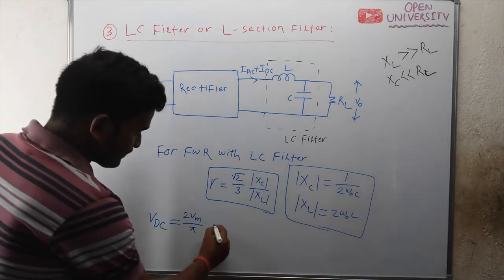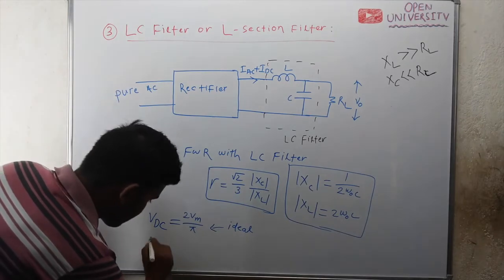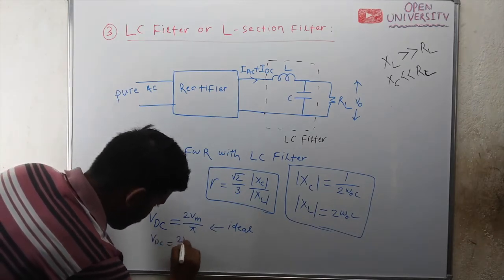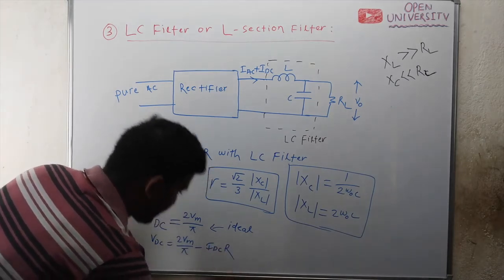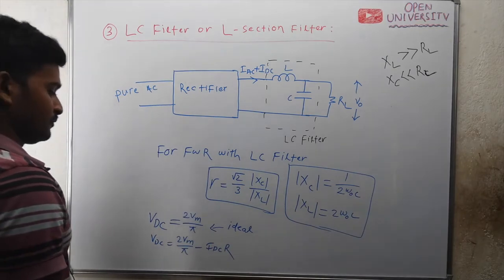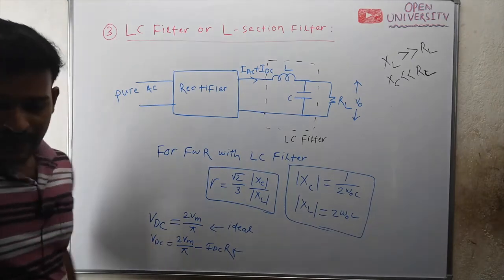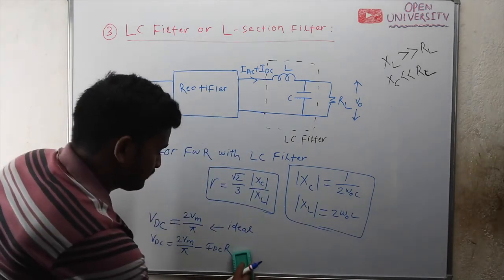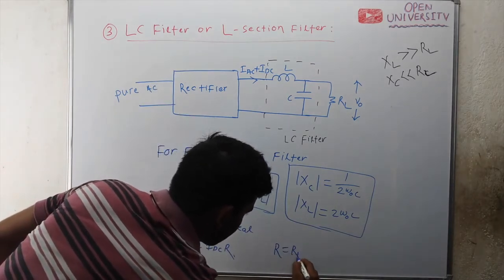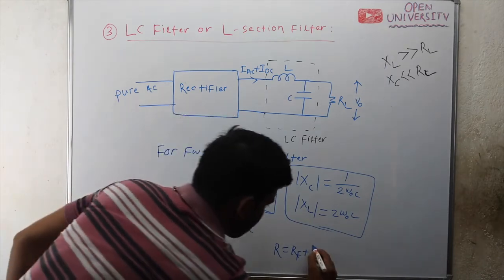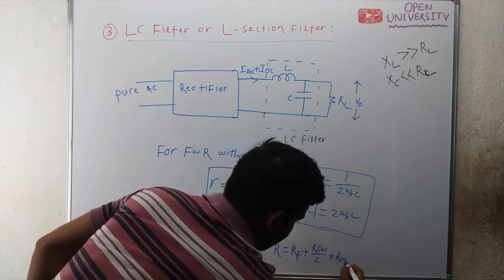This is the ideal case, and in general it will be 2 Vm by pi minus IDC into R, where this R is RF plus RSW by 2 plus R of inductor.